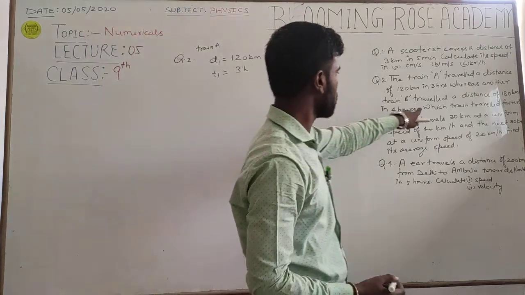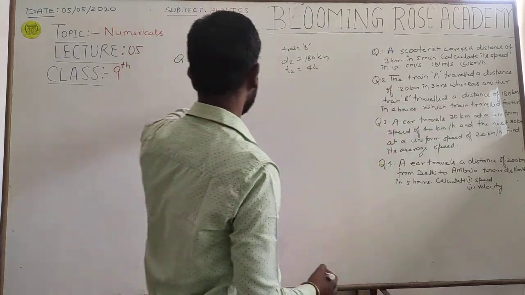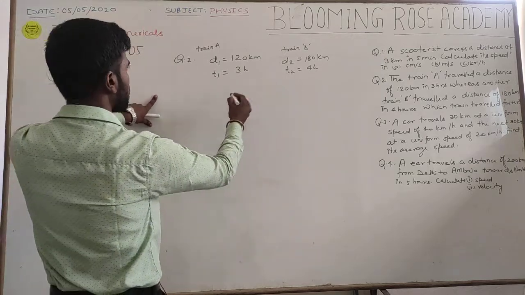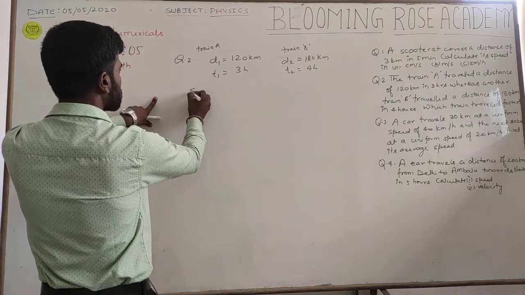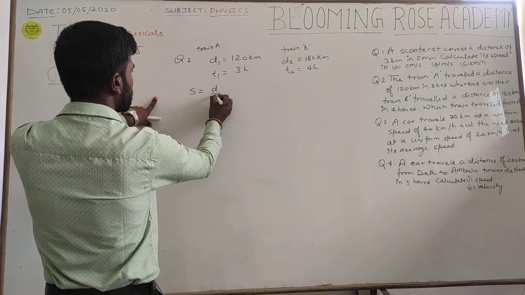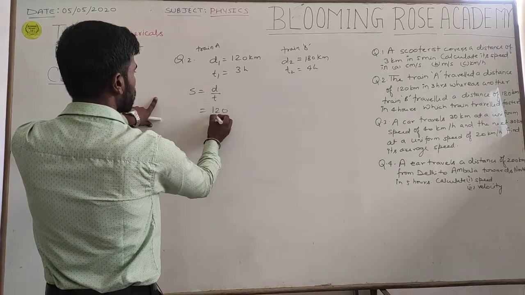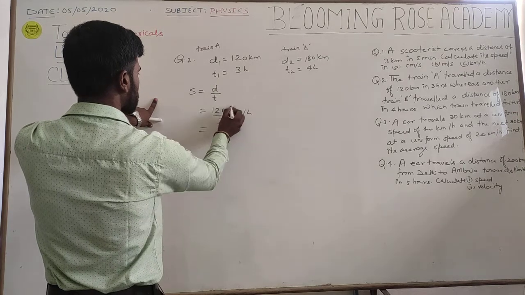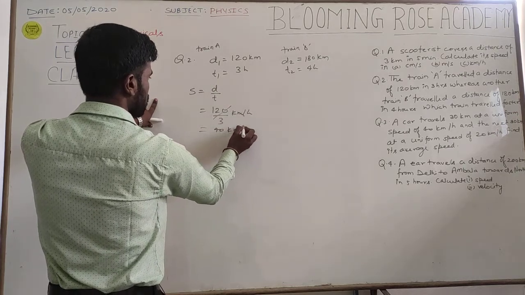We have to calculate which train traveled faster. Then we calculate individually the speed of both trains A and B. For train A, speed is equal to distance upon time and it will be 120 upon 3 kilometer per hour, meaning 40 kilometer per hour.